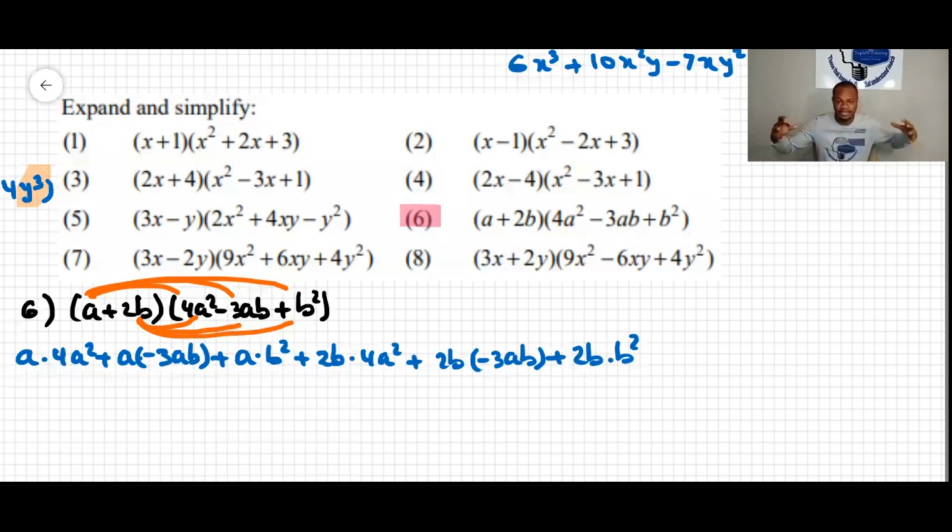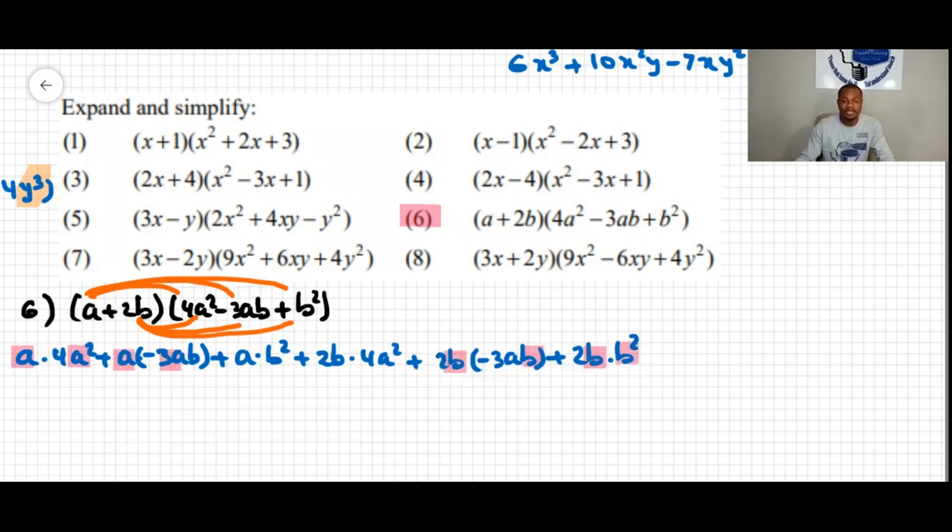After expanding the question, we're now going to simplify it. Okay, so we look at like terms. We have a there and a there in the product, a here and a there in the product, and then b over here and b over there, and b here and b over there also.